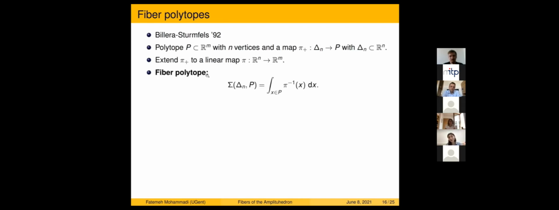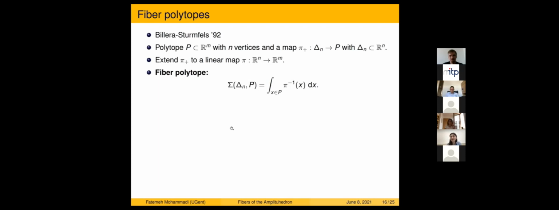And then the fiber polytope of delta n and P is defined by taking certain integrals over the fibers of this map. They defined the fiber polytope for every pair of polytopes Q and P, so you can play the same game.